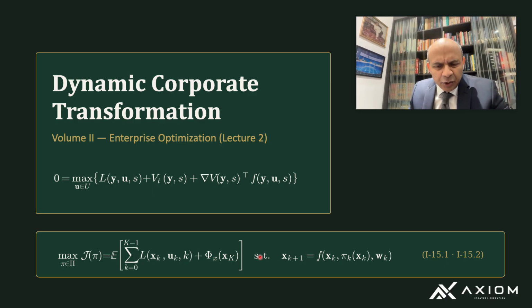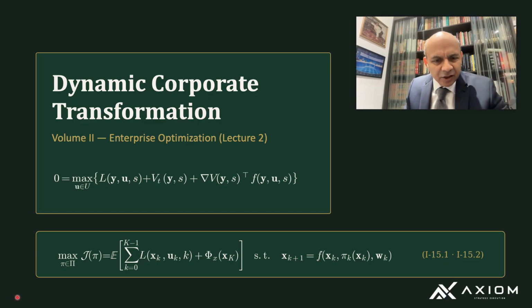Now this is subject to the constraint on the next period, x sub k plus 1. This represents how the enterprise evolves from the current state k to the next state k plus 1, according to its dynamics, the policy-selected decision, and external uncertainty, which comes into play.